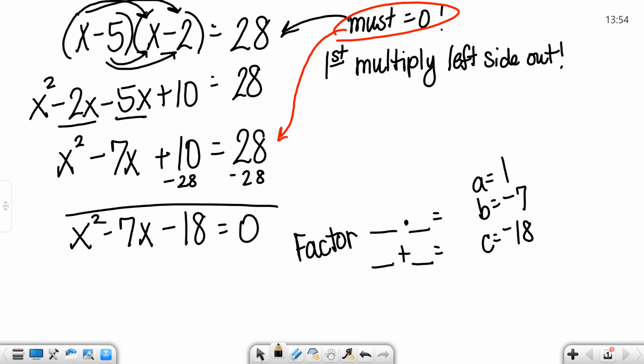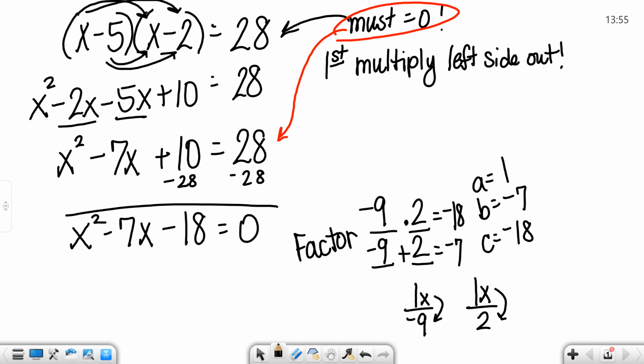So two numbers that multiply to be a times c, negative 18, and add to my b value, negative 7, are going to have to be negative 9 and positive 2. I like faux fractions, so take my a value with x over one of the numbers I found, and my a value with x over the other number. These cannot be simplified, so I read them. So my factors are x minus 9 times x plus 2.